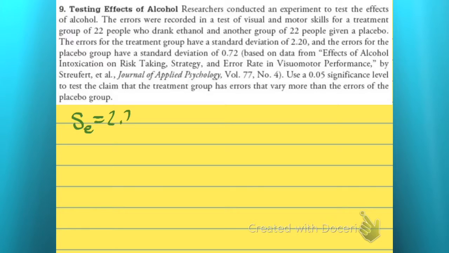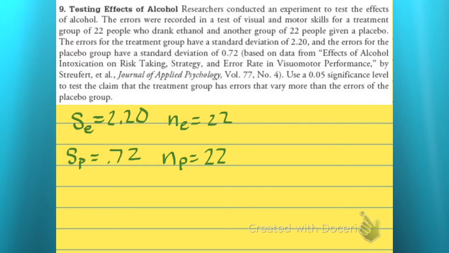So, our standard deviation for the ethanol people was 2.0. Our standard deviation of our placebo was 0.72. Our sample size for the placebo and the ethanol were both 22. The first thing we're going to do in a game plan is set up our null and alternative.